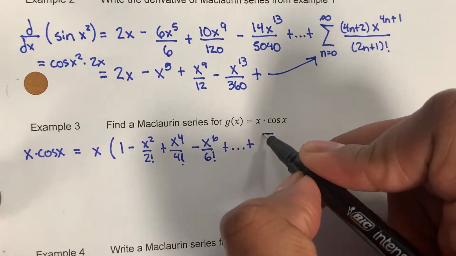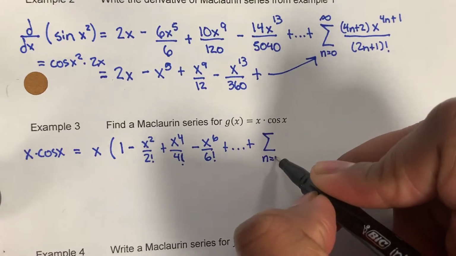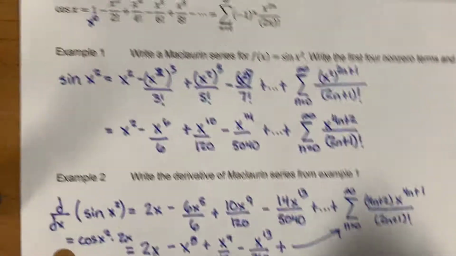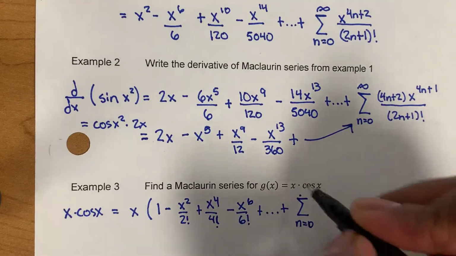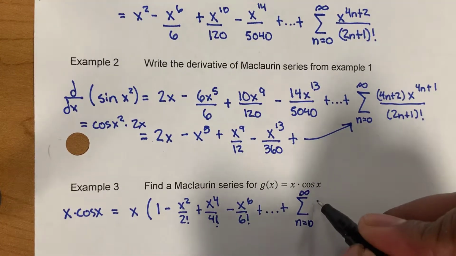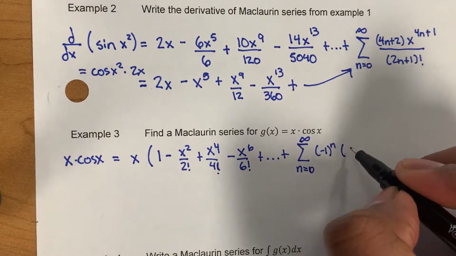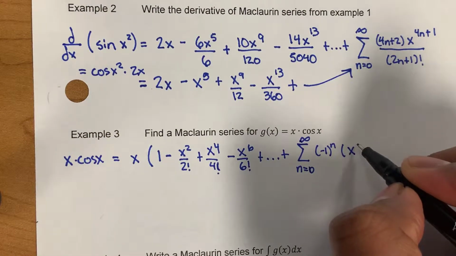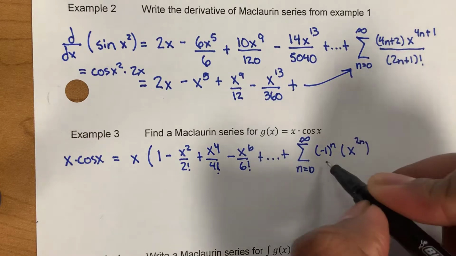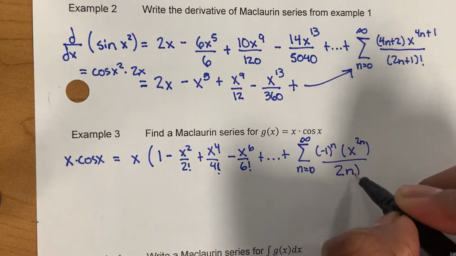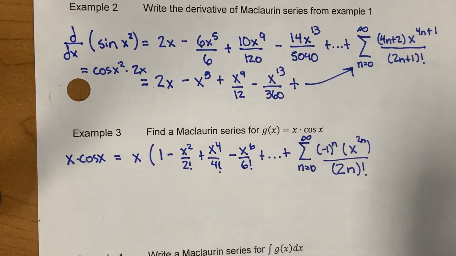So plus the sum from n equals 0 to infinity of negative 1 to the n times x to the 2n over 2n factorial.